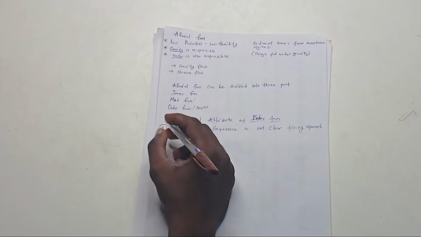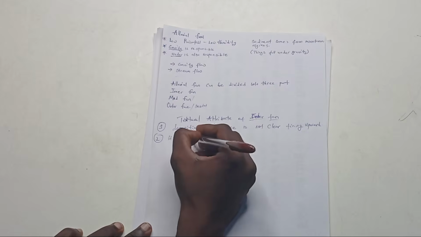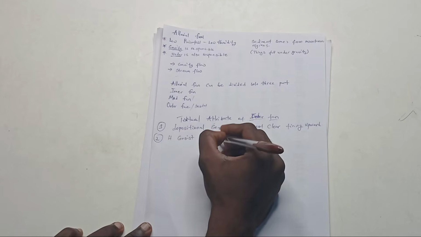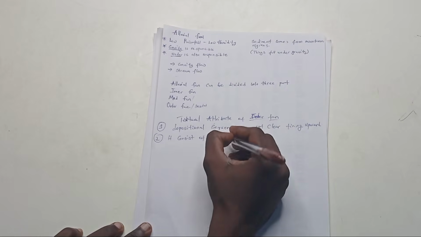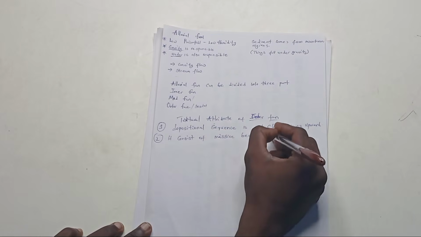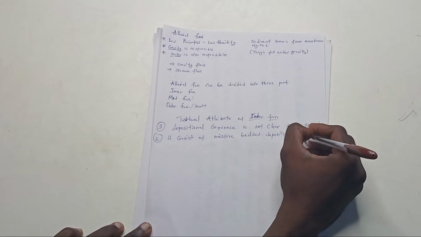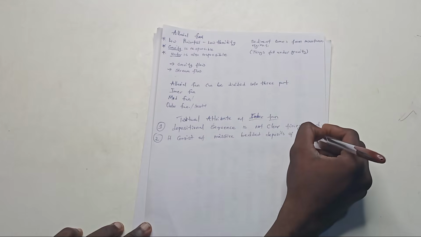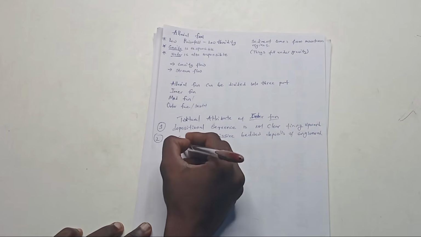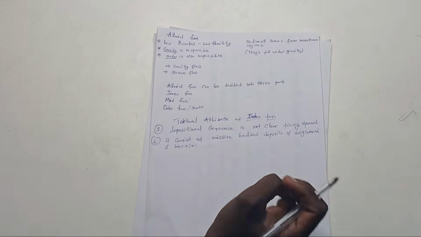Second, it consists of massive bedded deposits of conglomerates and breccia. As I said, they will have coarse grains, and coarse means big, fine means small.